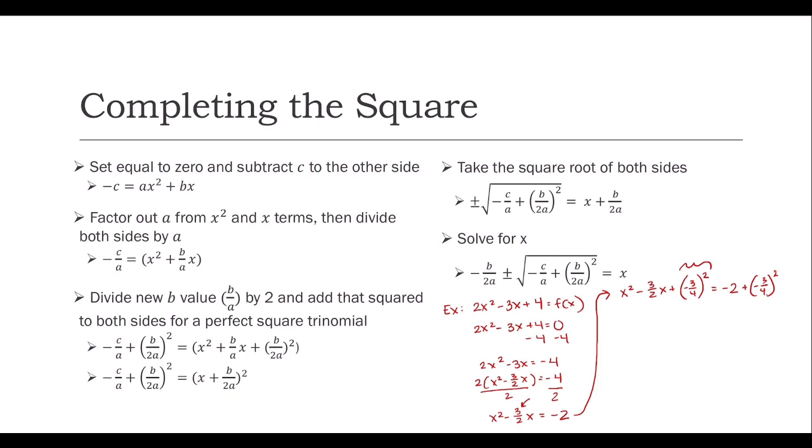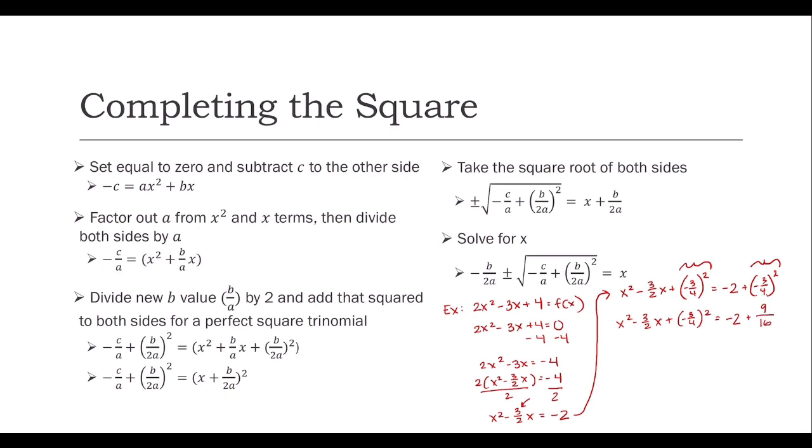So we added that same value to both sides to keep them equal to each other. So that's x squared minus 3/2 x plus (-3/4) squared equals -2 plus 9/16, since 3 squared is 9 and 4 squared is 16.